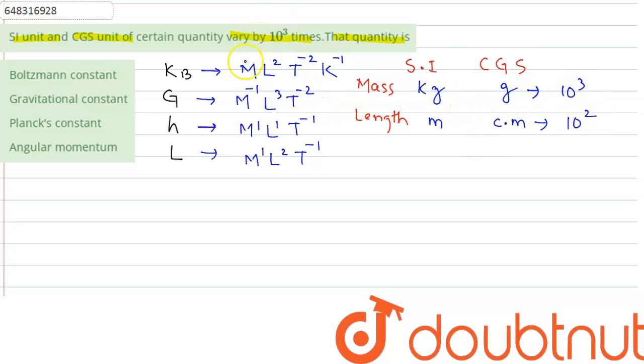Now let us put these values for M and L in each of the quantities, and then we will get how much they vary, or their ratio.